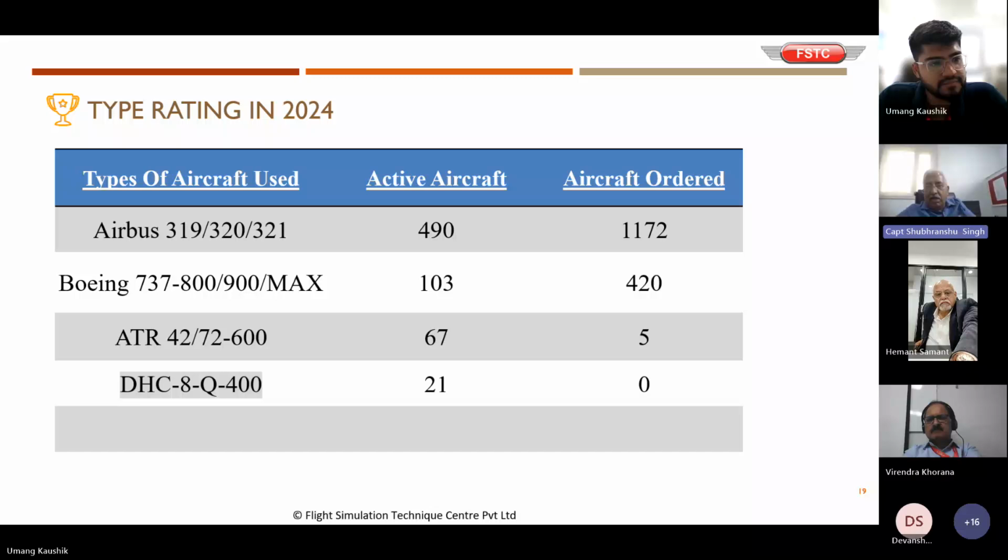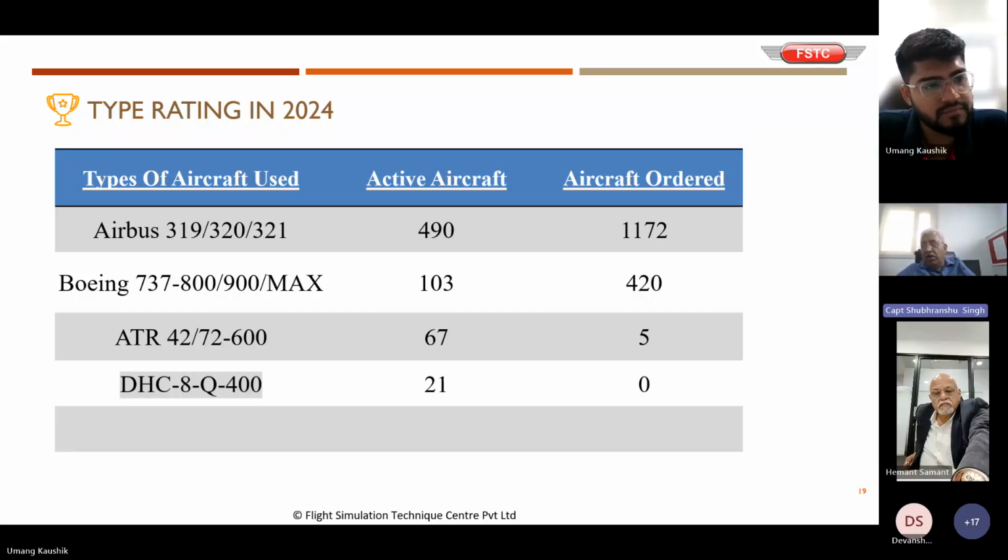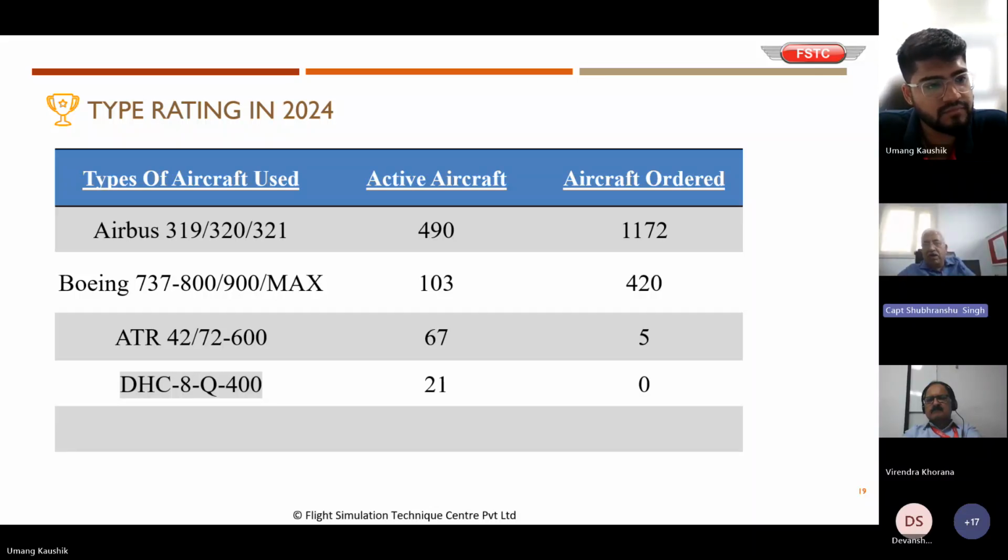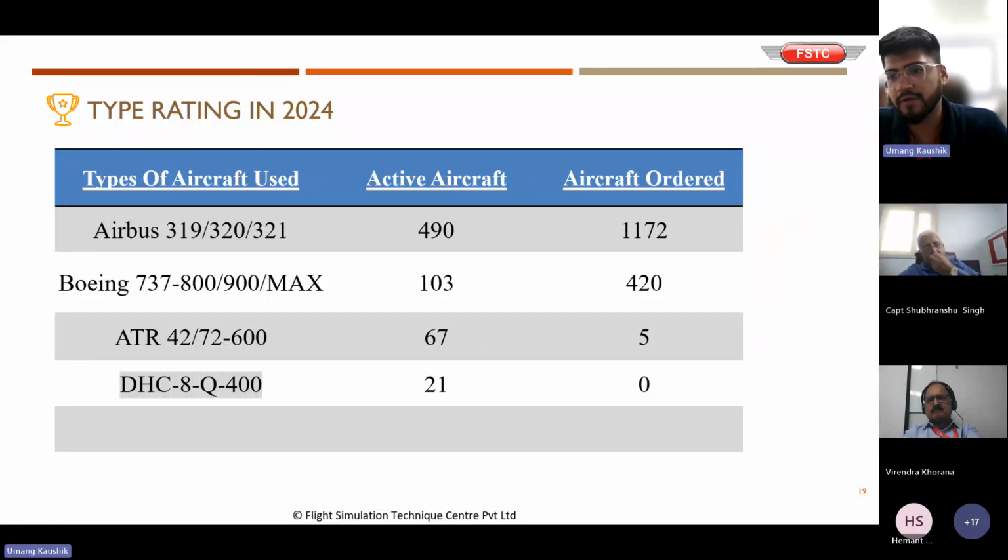That is why Indigo, which has ordered the maximum, makes Airbus the maximum. Air India also, because of the Air Asia merger, is keeping Airbus. But for the other merger of Air India, Air India Express, they are more on Boeing 737.